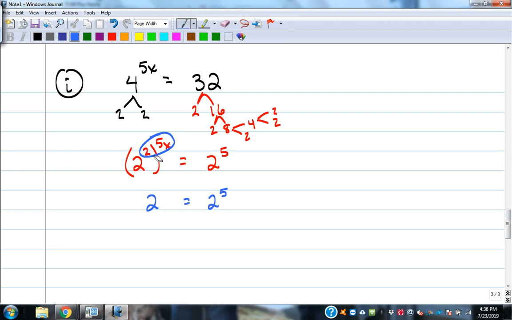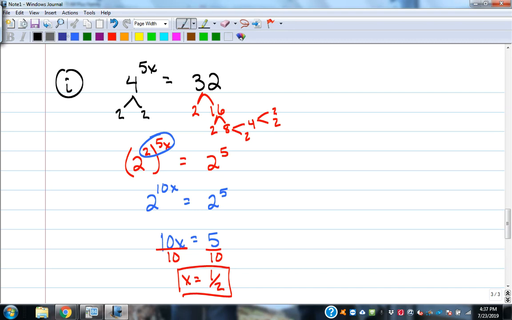That ends up being 2 to the 2 times 5x, which is 10x. Because the rule for exponents is if you multiply, it's a power of a power is what that's called. So set up my equation then to be 10x equals 5, and then I divide by 10 to solve, and reduce that to 1/2.